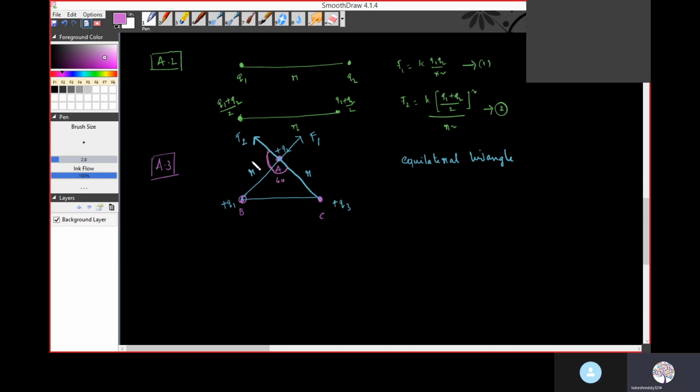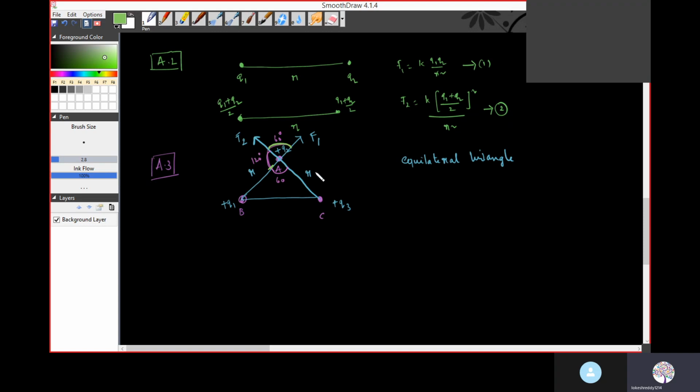So this angle is 120. If this is 60, this is 120, so this should be 60, because this is a straight line and 60 plus 120 gives you 180. So the angle between F1 and F2 is 60.